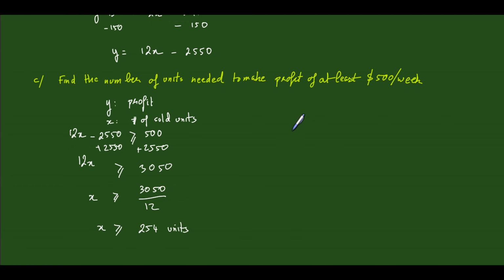It means that in order to make at least $500 per week, you have to sell 254 units per week. So this is the number of units sold per week. All right, so that could be your answer.